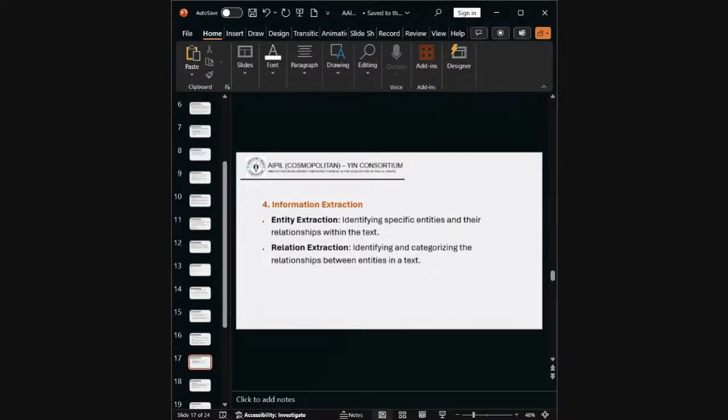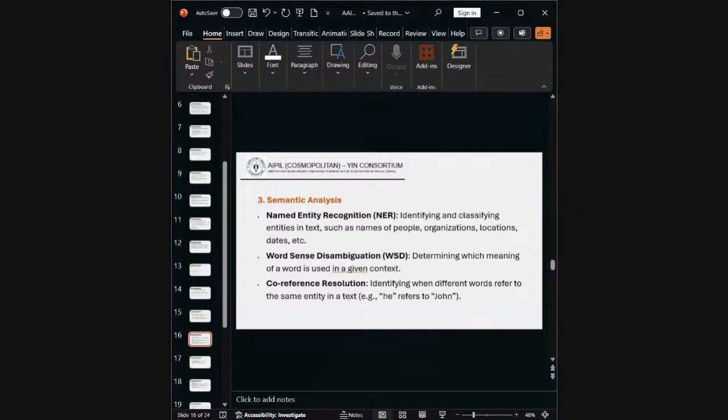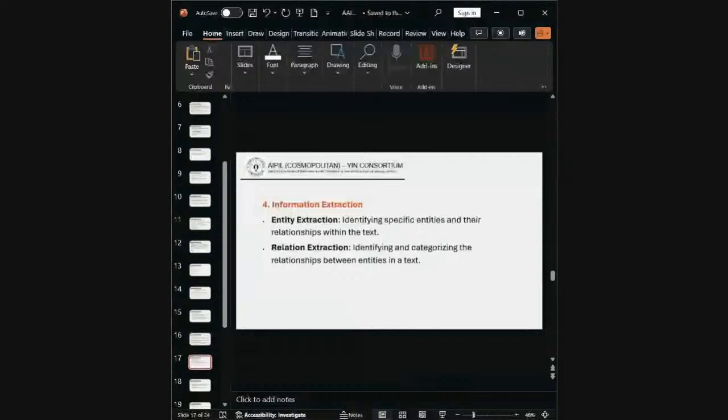Entity extraction is where we identify specific entities, just like we said: identifying and classifying entities in text, such as the names of people, the organizations, the locations, the dates. Now, when we are extracting information from that, we are identifying them and looking at their relationship within the text. The relationship between this person and this organization. This person works in this organization as what? And what are the functions?